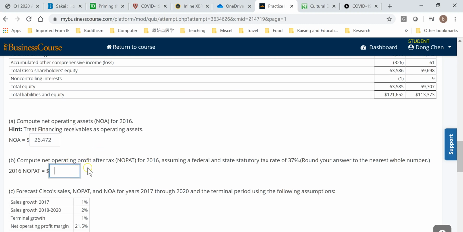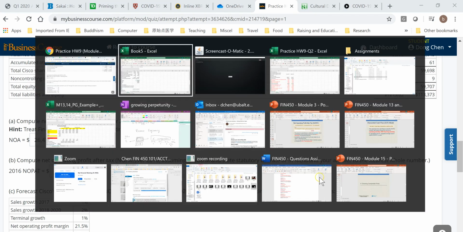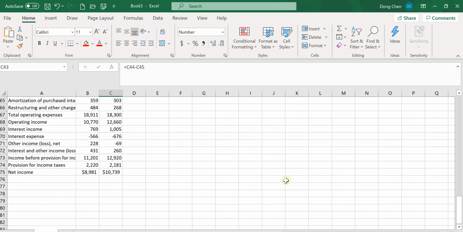The second part is to compute net operating profit after tax for 2016, assuming a federal and state statutory tax rate of 37%, and rounding your answer to the nearest whole number. This part requires the income statement.